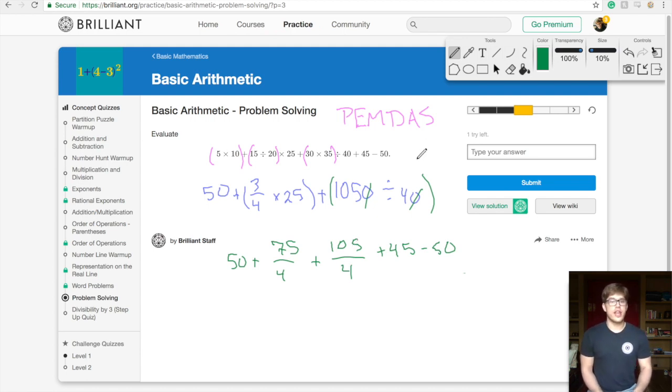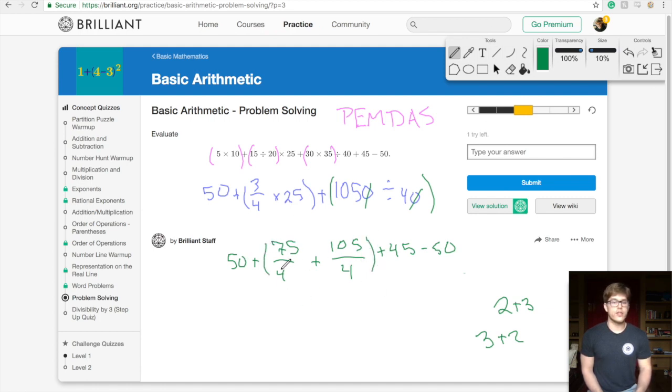Okay, now we just have to add and subtract. And so let's finish this up. Well, by the associative property, we can add in any order, right? As in 2 plus 3 is the same thing as 3 plus 2. It doesn't matter which order we do that in. So we can add these first.